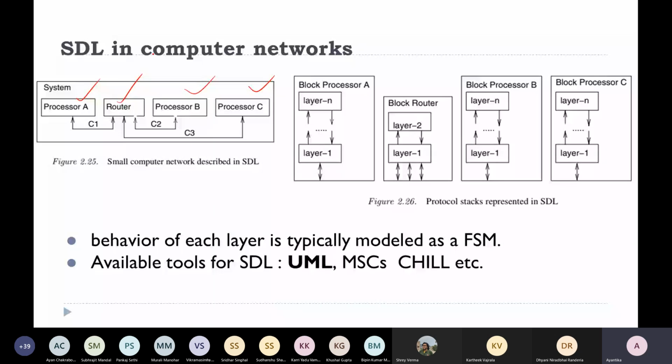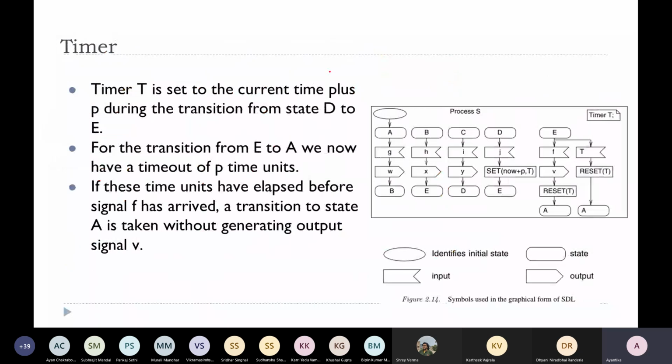All these parts of the computer networks are there, and they are typically connected with some communication requirement. So in this case, when we are talking about SDL, we are thinking about different blocks for processor A, router B, C, and within that block, we are actually considering sub-components who are getting mapped to the sub-processes, underlying processes.